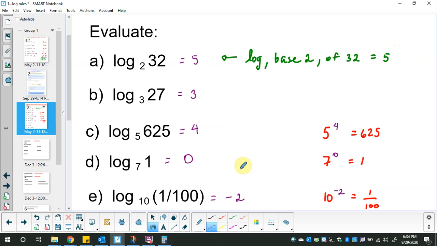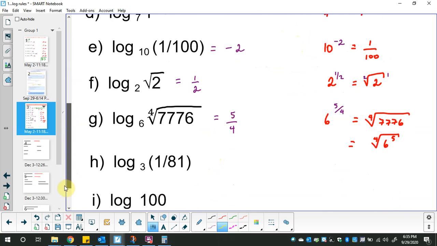And that is because the base of 2 to an exponent of 5 is equal to 32. So it's a base for the logarithm and it's a base for the exponent. So at least that word base is repetitive.